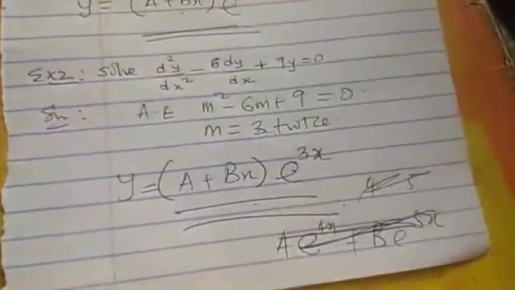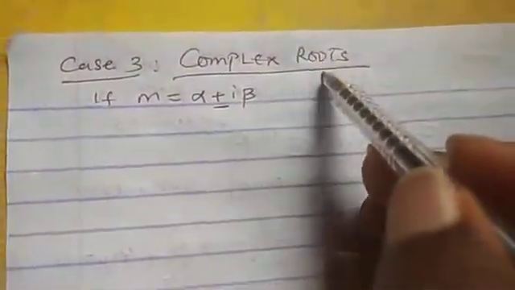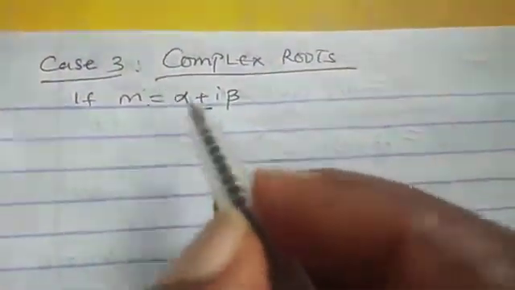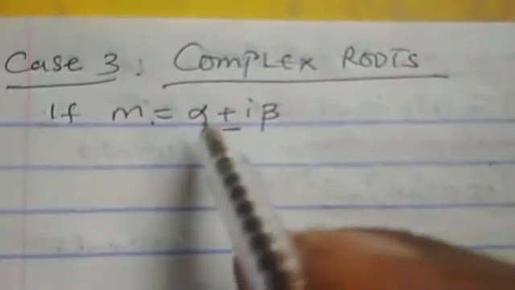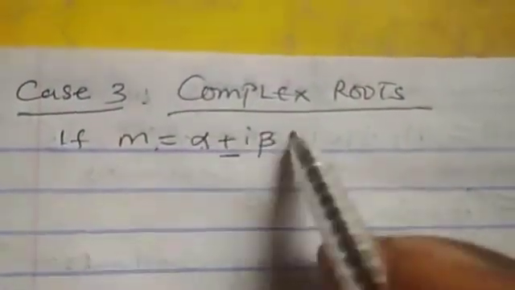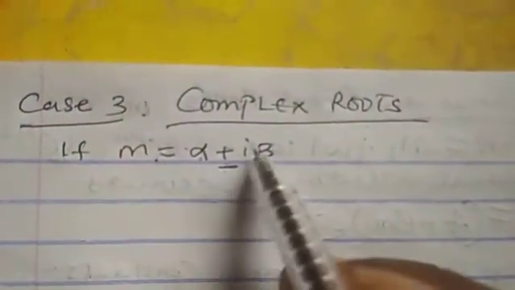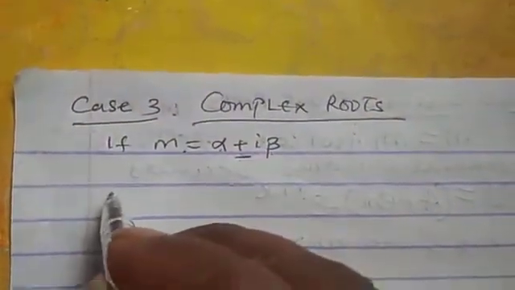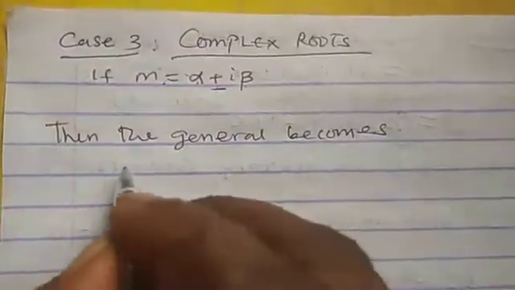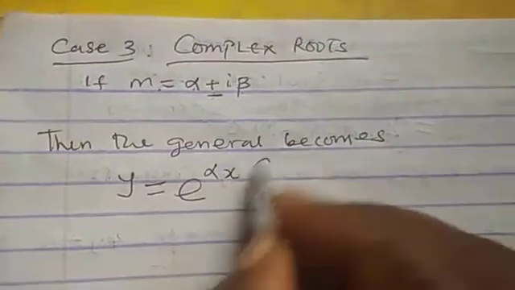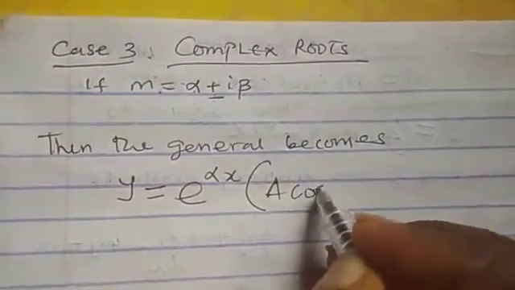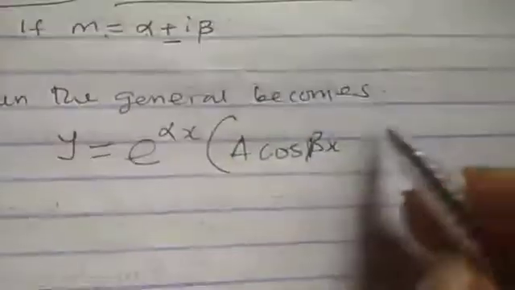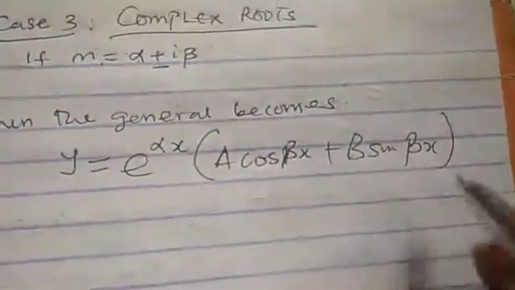Now, let's consider the third case, complex roots. When you solve the quadratic equation and you have the answer in this format, alpha, these are numbers, alpha plus or minus i beta, then the general solution becomes y equal to e^(alpha x) times (a cos beta x plus b sin beta x).